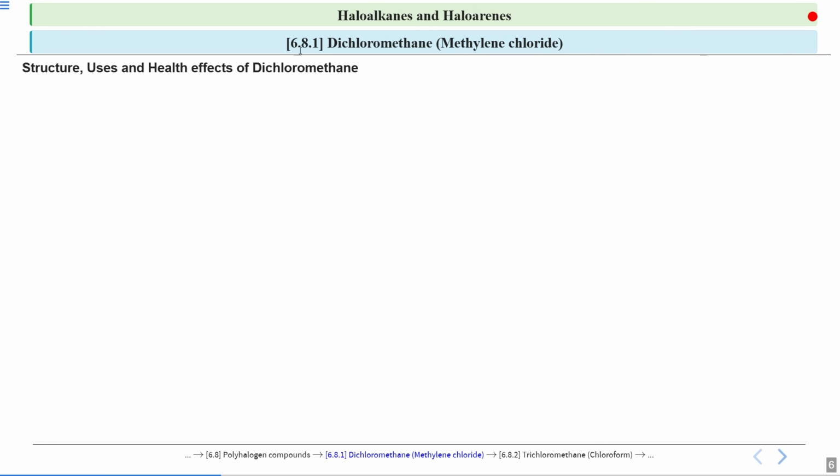Let's first explore our first polyhalogen compound, section 6.8.1, dichloromethane. You can also call it methylene chloride. We will look at its structure, uses, and health effects. The formula of dichloromethane is CH2Cl2.